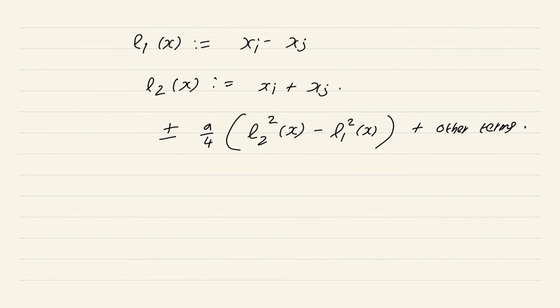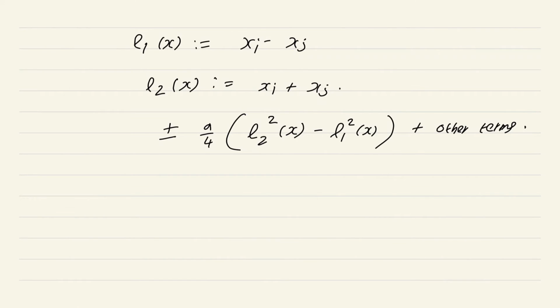L2 squared will be xi squared plus xj squared plus 2xi xj, and L1 squared would be xi squared plus xj squared minus 2xi xj. So when you subtract L1 from L2, those square terms will cancel off and you will be left with plus 4xi xj. So that's why I had to put an a by 4 outside. This is just elementary algebraic manipulation.